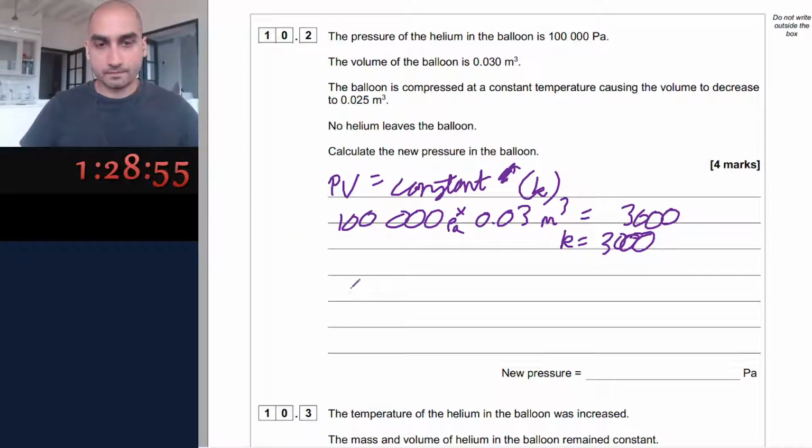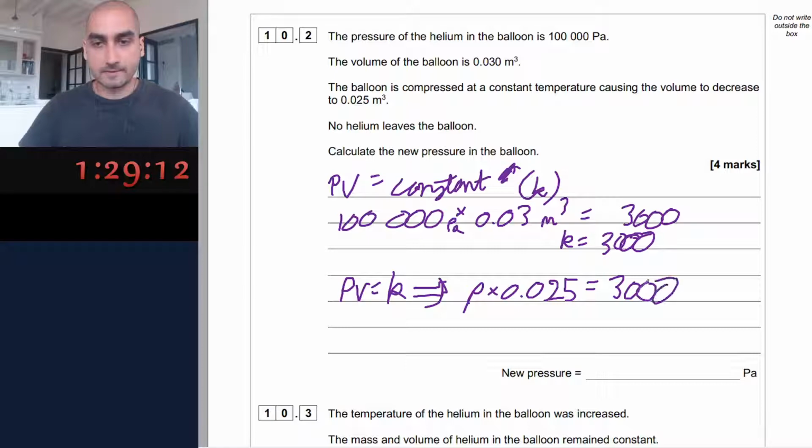So PV equals K implies that P times 0.025 equals 3,000.